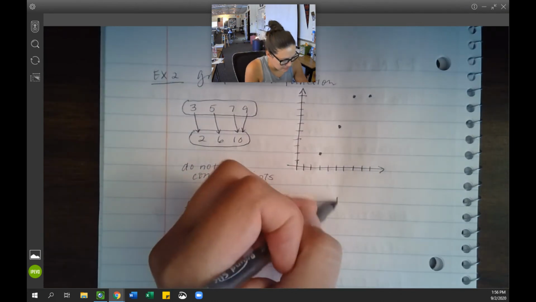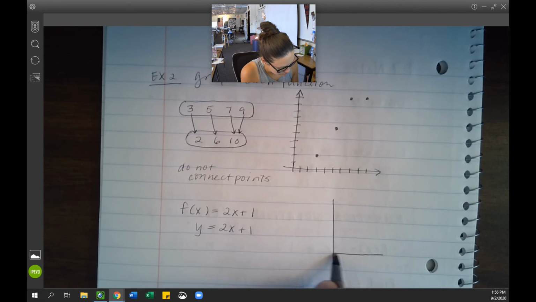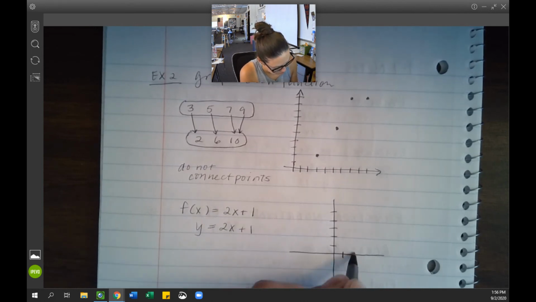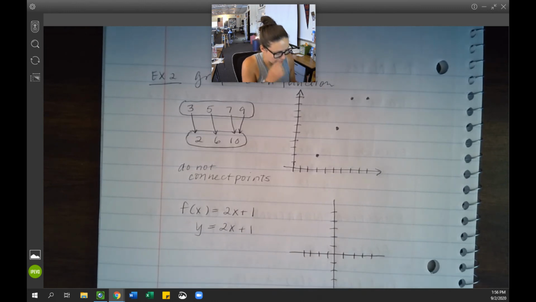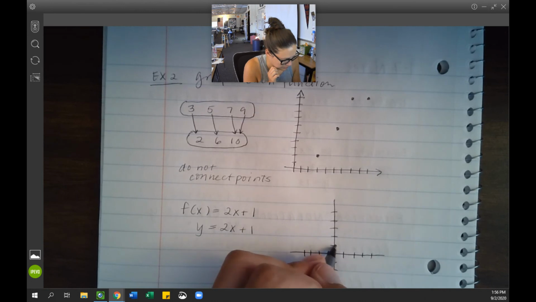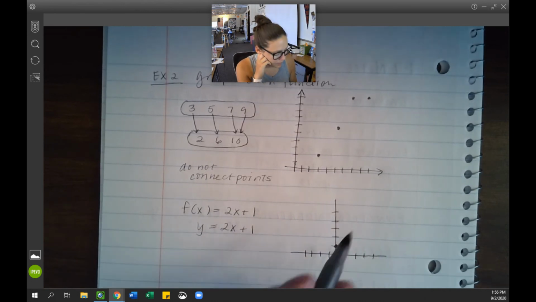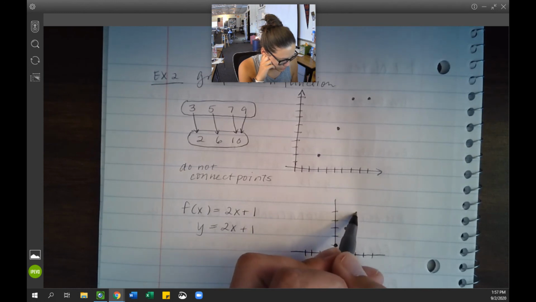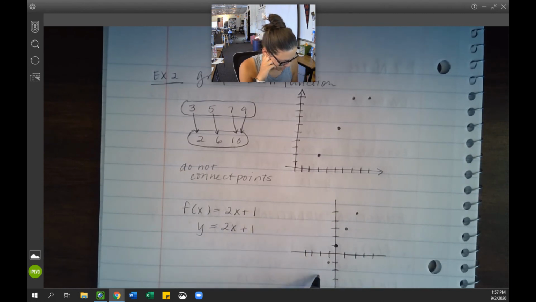So that means I'm going to make my graph here. That's the part that takes the longest. Okay. I begin at 1, and I go up 2 over 1. Up 2 over 1. I'm going to put a couple points this way.